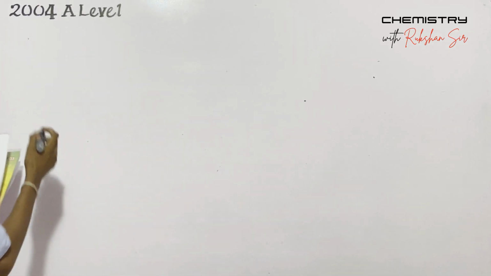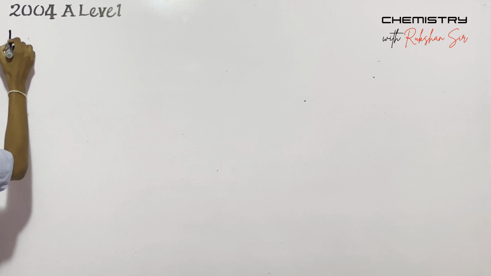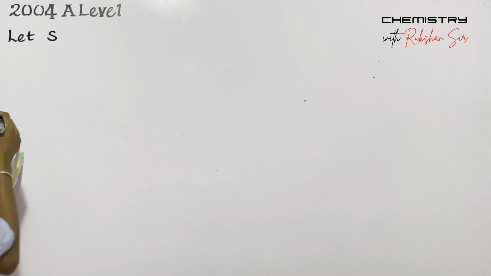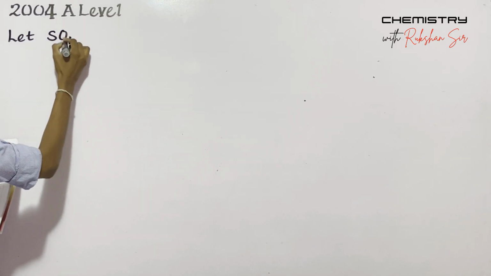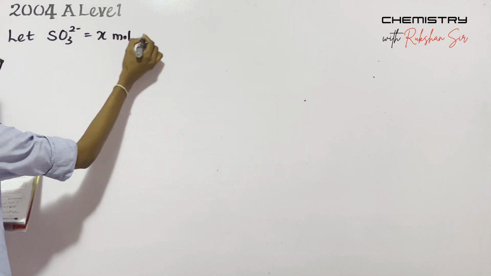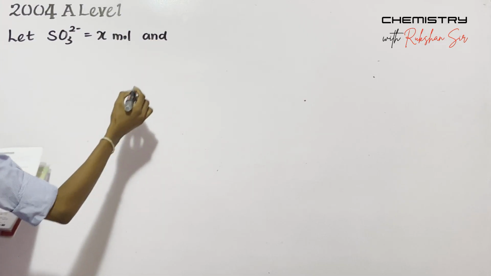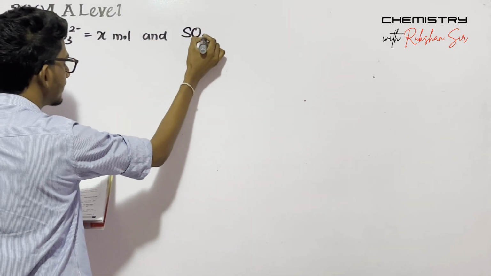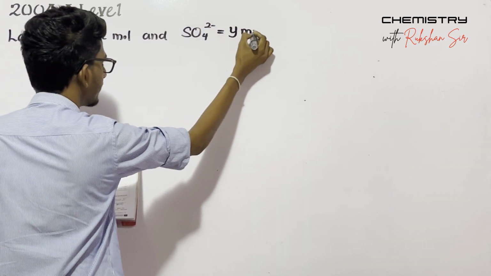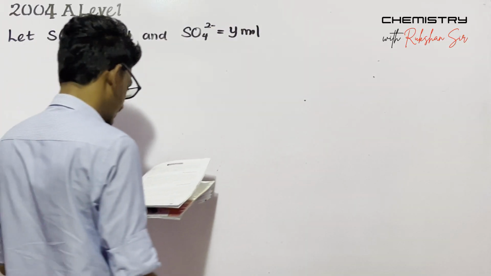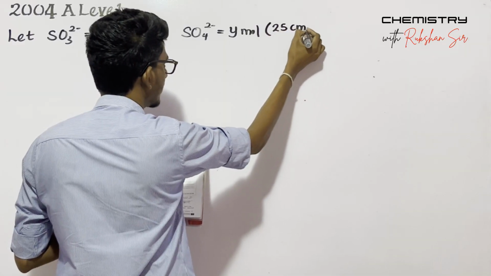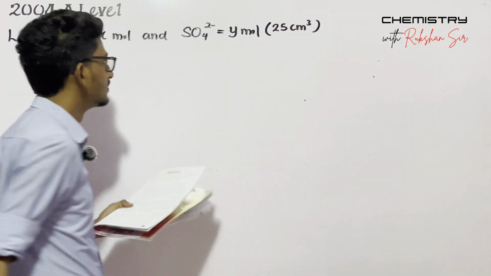Identifying the goal. We can write, let the amount of sulfite be X moles and the amount of sulfate be Y moles in 25 cubic centimeters of sample.